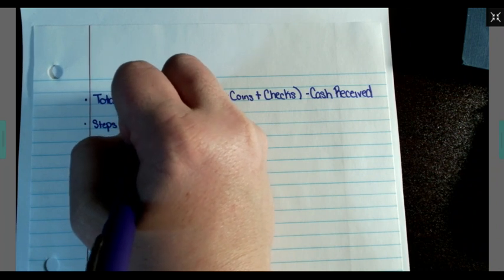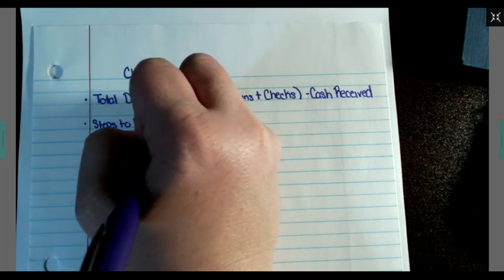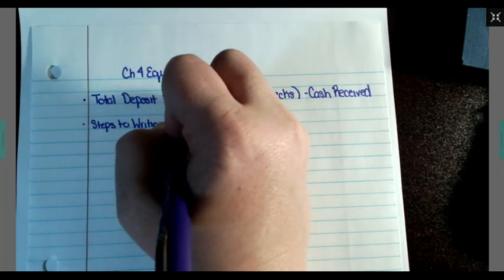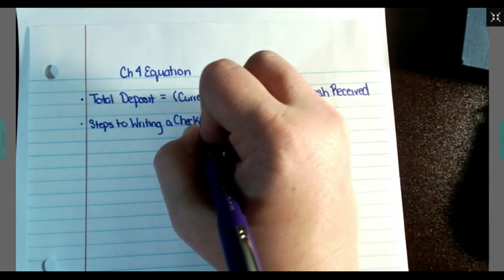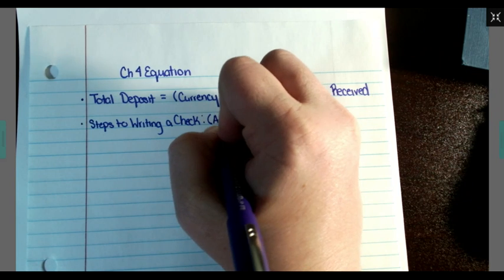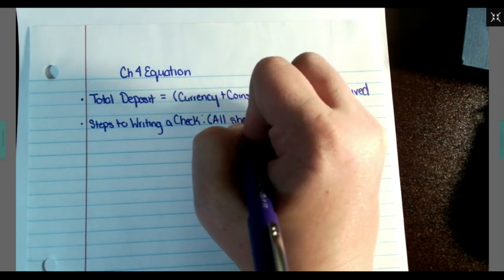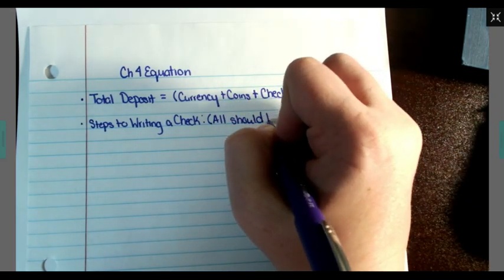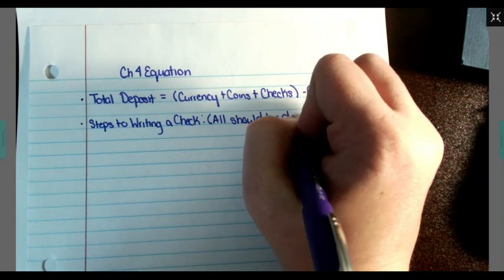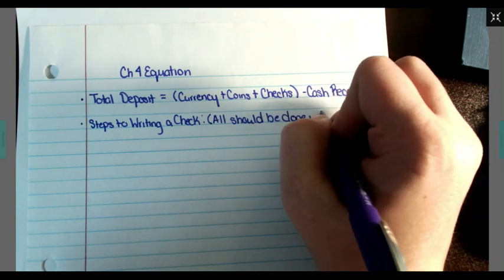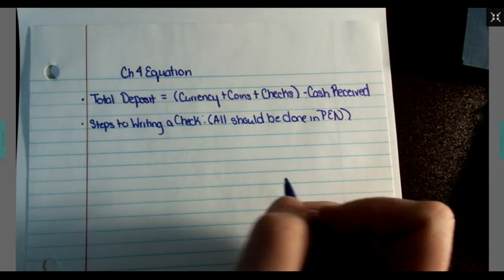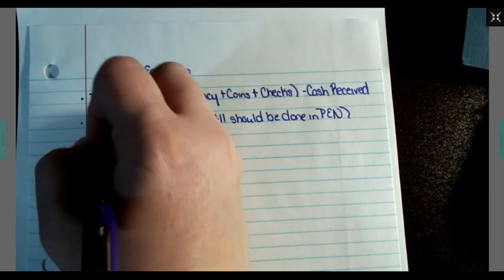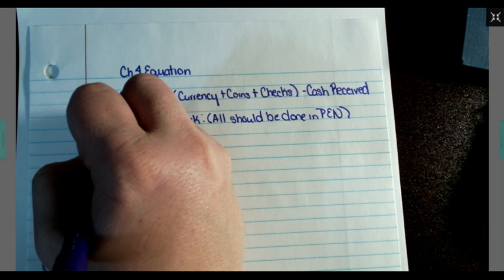to writing a check, which just to know, all should be done in pen. One, always write the date.